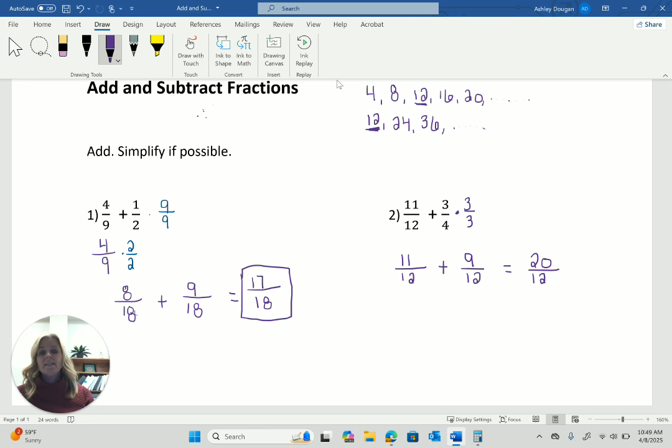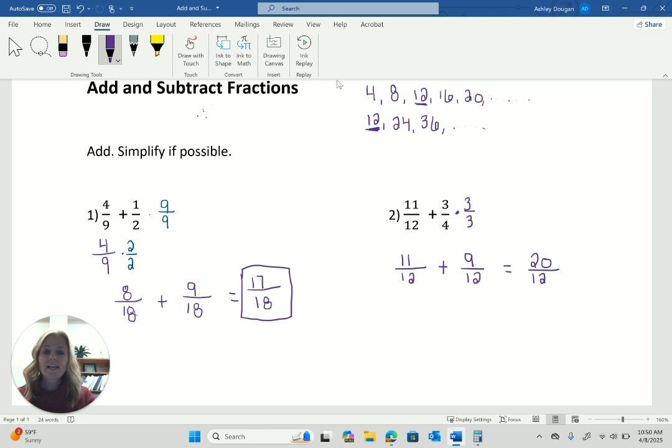Now, for this answer, we get an improper fraction. So if you looked at any of the previous videos with multiplying and division, we talked about how to change an improper fraction to a mixed number. And it just kind of depends on what type of answer that you need. For my class, if I start with a mixed number, I end with a mixed number.